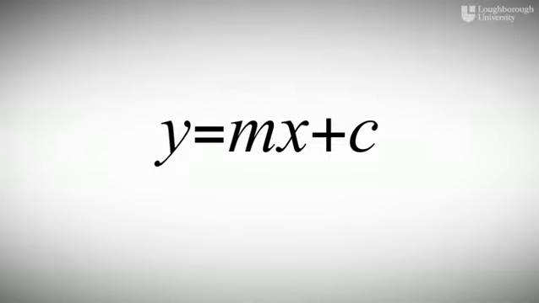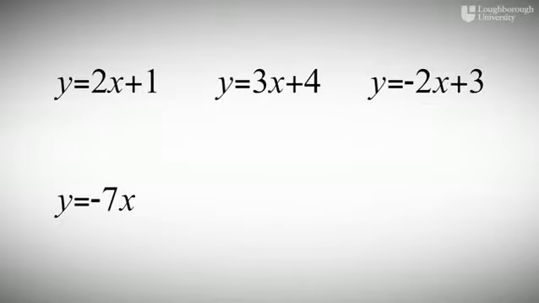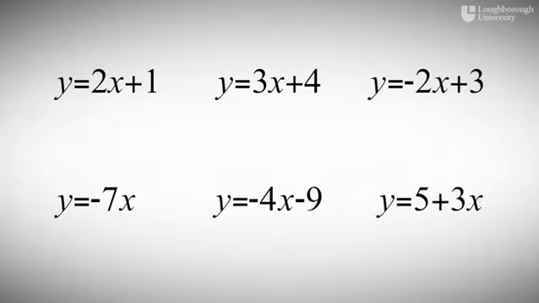Each of the following equations is of this general form: y equals 2x plus 1, y equals 3x plus 4, y equals minus 2x plus 3, y equals minus 7x, y equals minus 4x minus 9, and y equals 5 plus 3x.